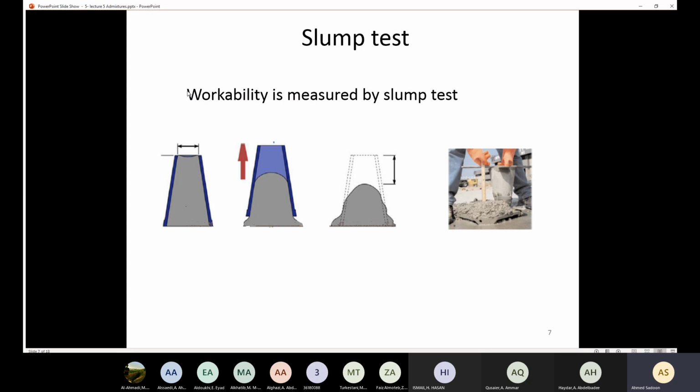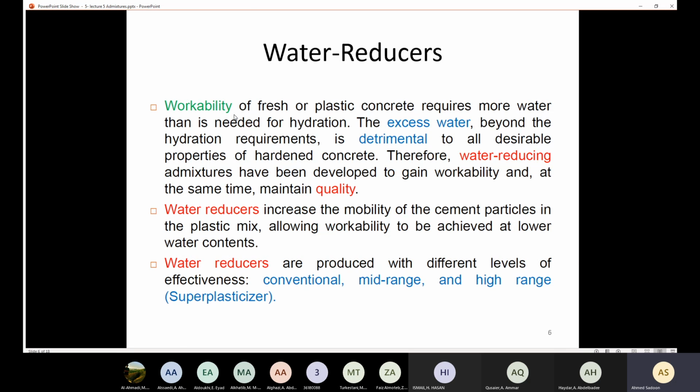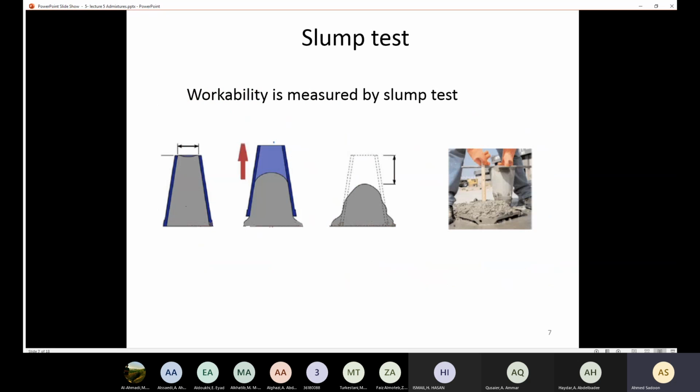I need to explain to you how we are going to measure the workability of the concrete. Here we talk about the workability a lot, and we say that the workability is how easy I'm going to deal with my concrete, and I'm going to explain how we are going to assess the workability of the concrete at the job site. So in order to measure the workability, we are going to use the slump test.